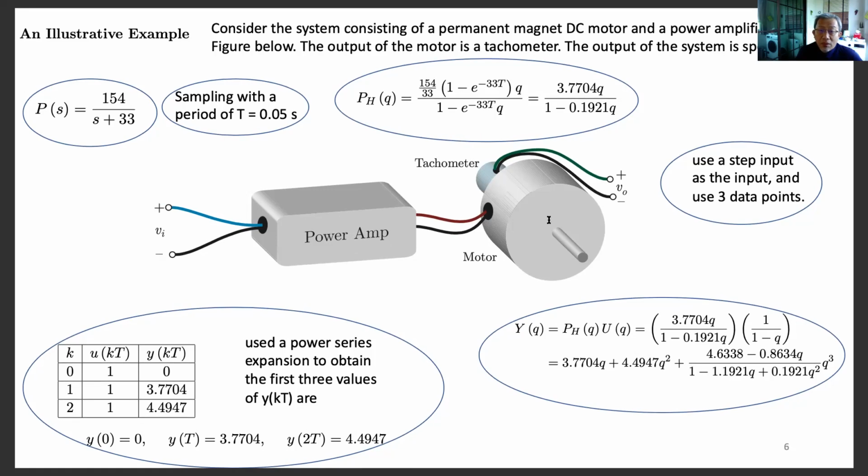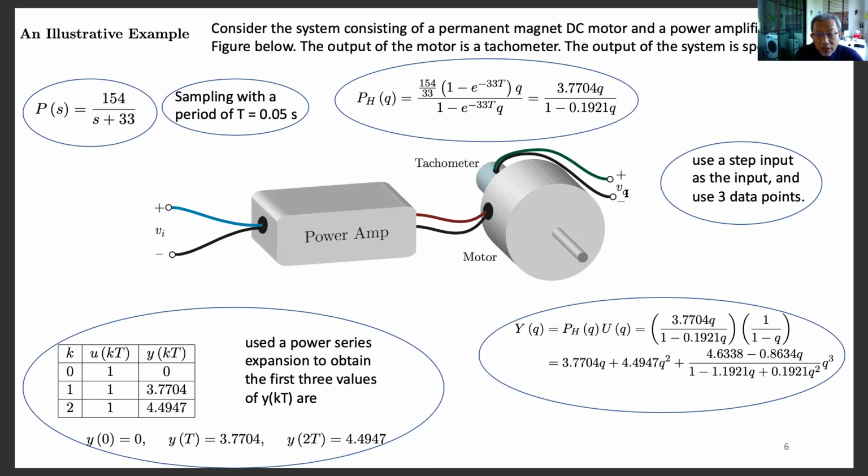For example, this is a DC motor. The output of the DC motor is the speed, where the tachometer will convert the revolution per minute, RPM, of the motor, the physical signal of the velocity, into an equivalent voltage.